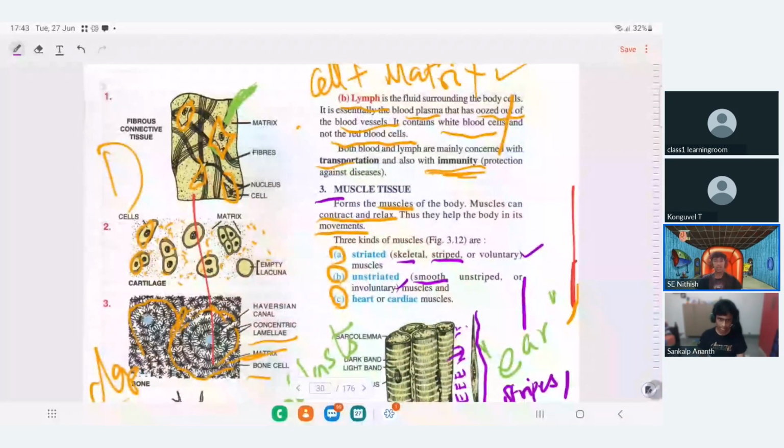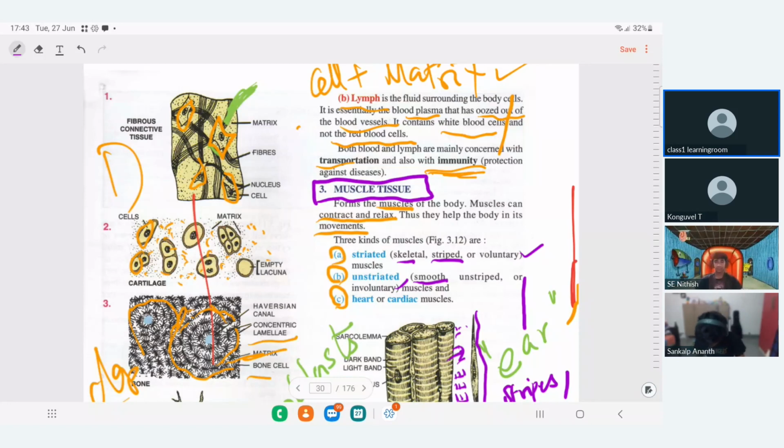Listen. Already we discussed two types of tissue, and today we are starting with the third type of tissue called muscle tissue. The special property of muscle tissue is contraction and relaxation, and they support voluntary movements and involuntary movements.